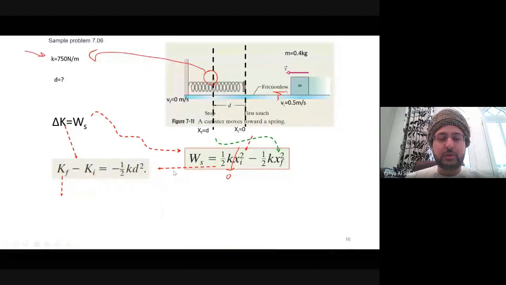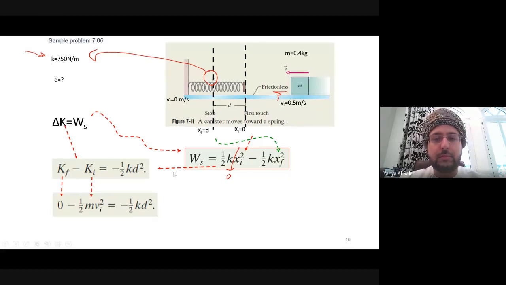Since my final kinetic energy is equal to 0, my equation becomes very, very simple. Kf is 0 minus Ki, the minus still comes down here. Half m vi squared is my initial kinetic energy.